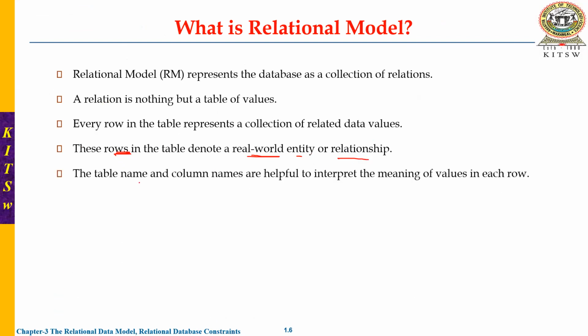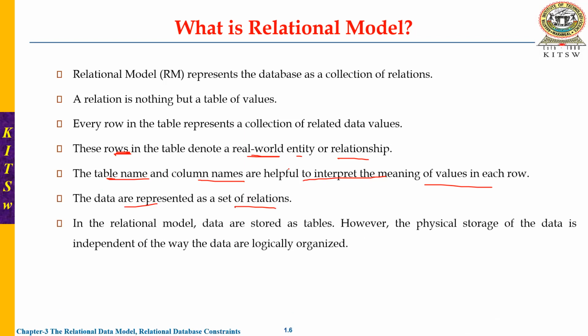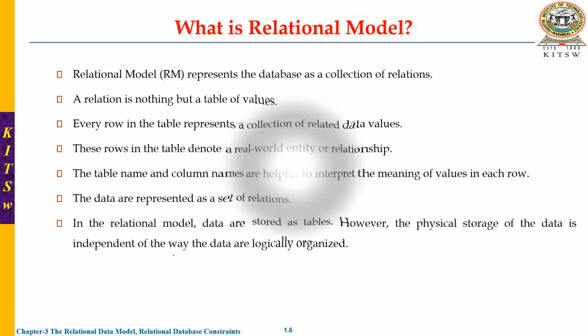The table name and column names are helpful to interpret the meaning of the values in each row. So the data are represented as a set of relations. We have already created different tables and inserted values into the tables in the lab session. In the relational model, data are stored as tables. The physical storage of the data is independent of the way the data is logically organized.